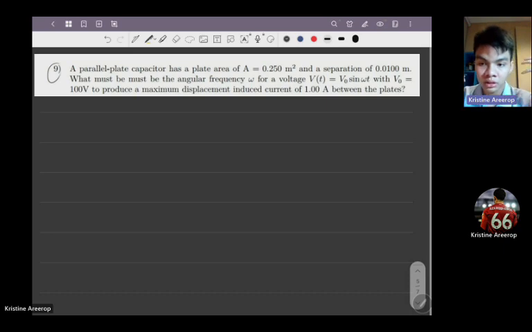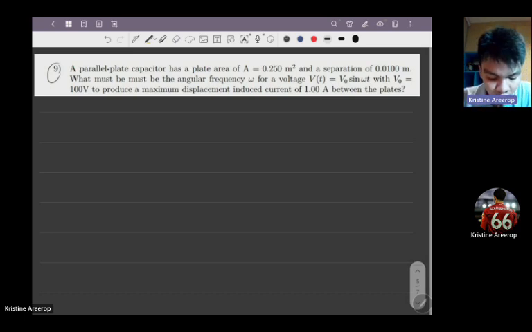Here is the solution to question 9. A parallel plate capacitor has a plate area of A equal to 0.250 square meter and a separation of 0.0100 meter.